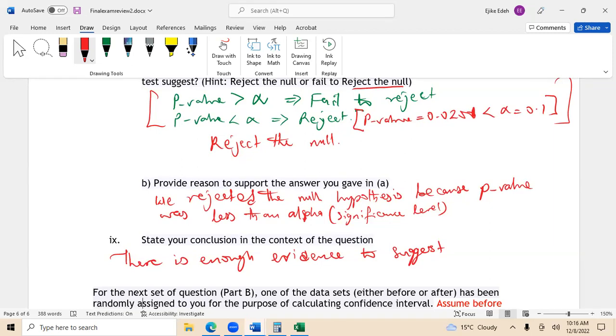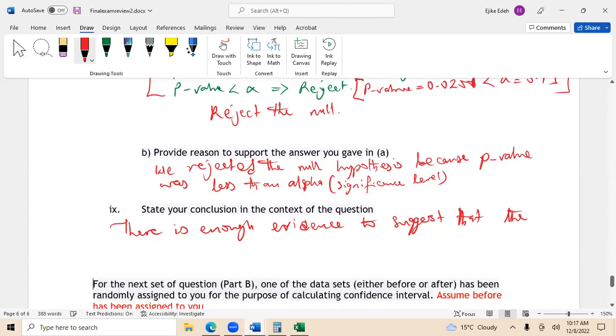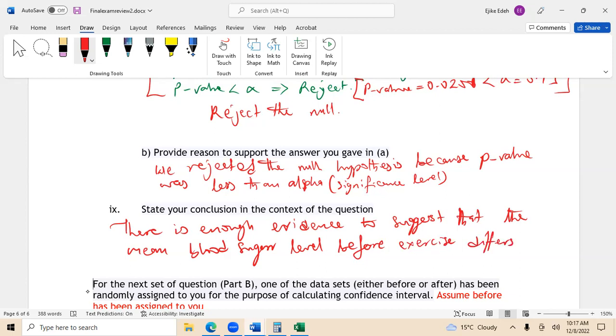So when you rejected the null, which says they're equal, it means you're supporting that they differ. So there is enough evidence to suggest that the mean blood sugar level before exercise differs from the mean blood sugar level after exercise.